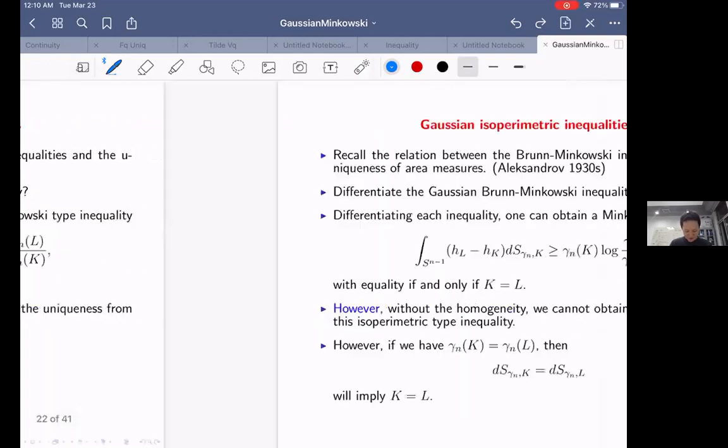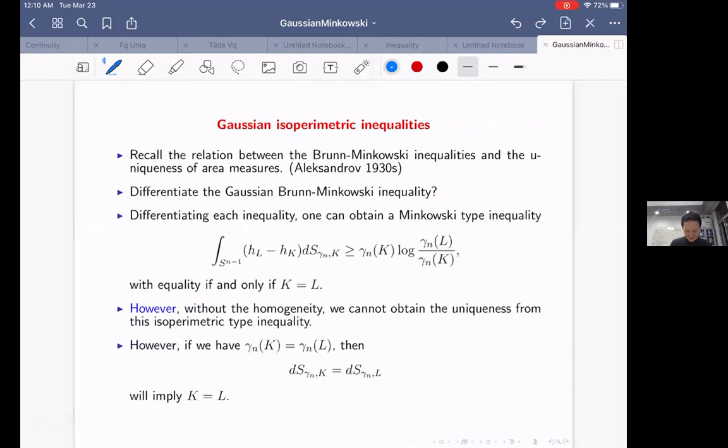And actually, if you do it carefully, and if we have, in addition, this equation, that is gamma n of K equals gamma n of L, then if two convex bodies have the same Gaussian surface measure, K and L must be the same. So the point is that we cannot directly obtain this equation from the fact that their measures are the same.